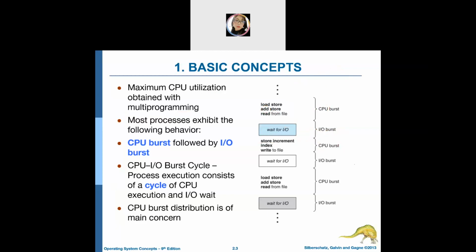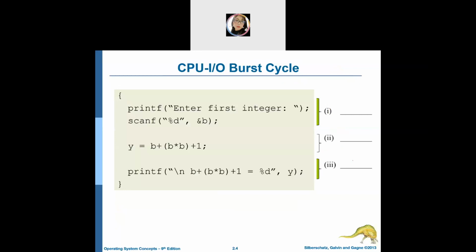So here is an example when you have the input output and also the CPU. If you look into this program, it asks you to print, input output first, enter first integer. If you print, that is related to what? Your output, isn't it? So in terms of output, it is an input output burst.